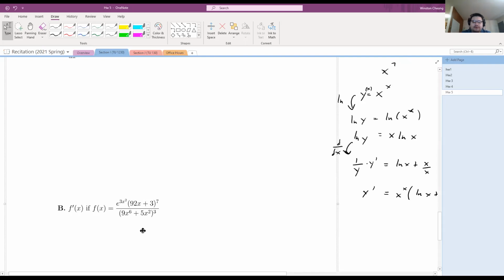But here, taking the logarithm is helpful in another way, because it helps to simplify the function. The logarithm is going to turn that product into addition. It's going to turn the exponentiation into just scalar multiplication. It's going to turn the division into subtraction. So you end up getting a much simpler function when you take the logarithm, and that simpler function is very easy to take the derivative of.